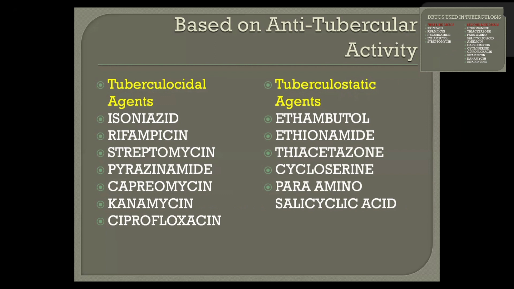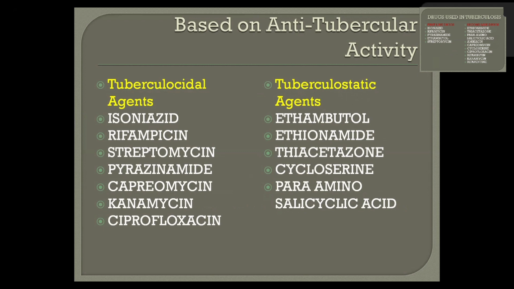Bactericidal means the drugs kill the bacteria, and bacteriostatic means the drugs suppress the growth of the bacteria. In the same way, here we are categorizing the drugs into tuberculocidal and tuberculostatic agents. Tuberculocidal means it kills the tubercular bacteria, and static means it suppresses the growth of the tubercular bacteria.